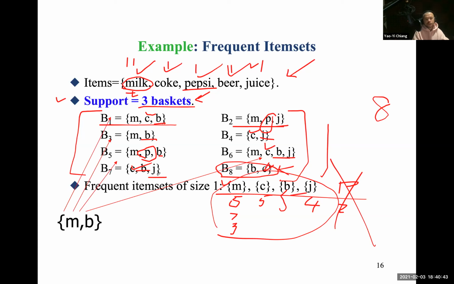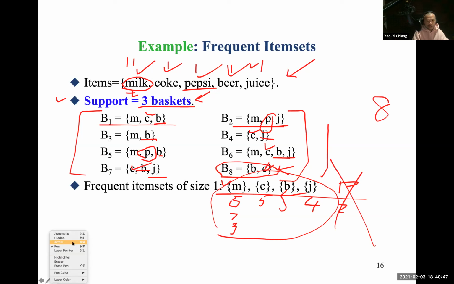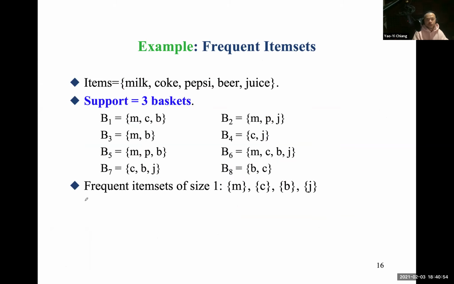And let's look at the item sets that are frequently purchased together. We have M and B: 1, 2, 3, 4.